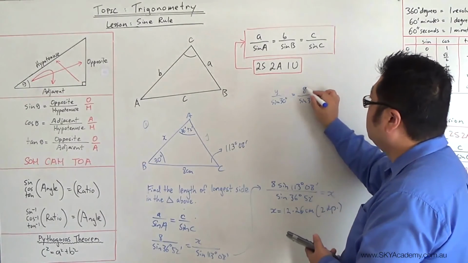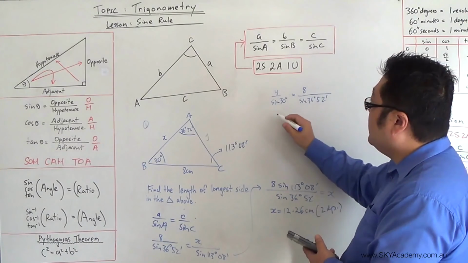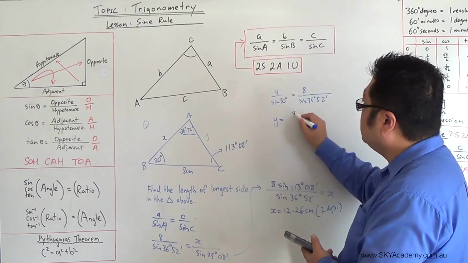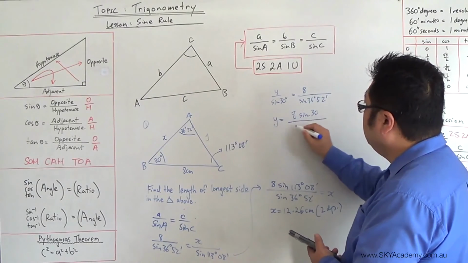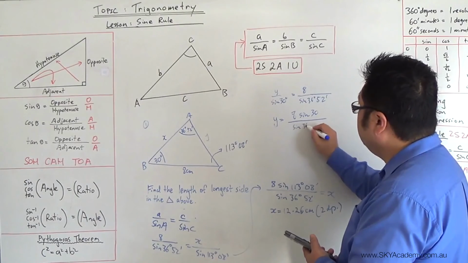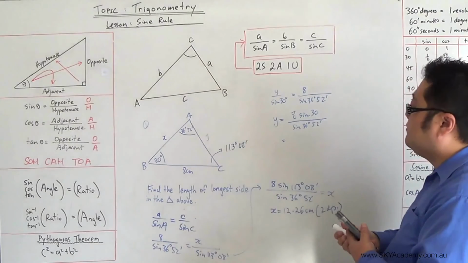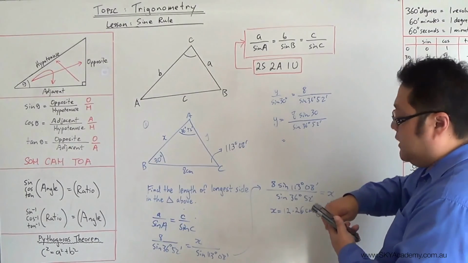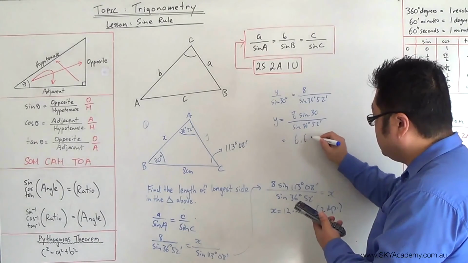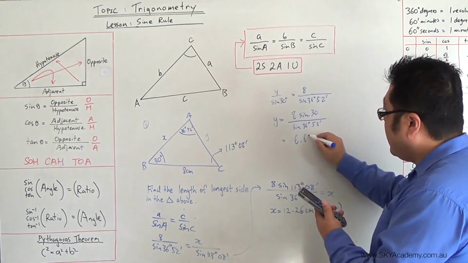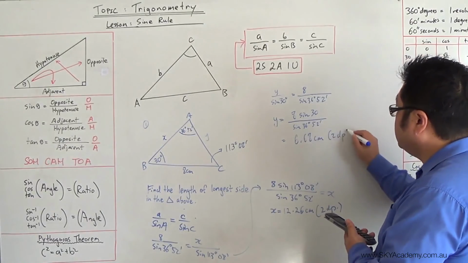Does that make sense? So y is equal to 8 sine 30 on sine 36 degrees 52 minutes. Let's work that out, and our answer here is 6.68 centimeters to 2 decimal places.